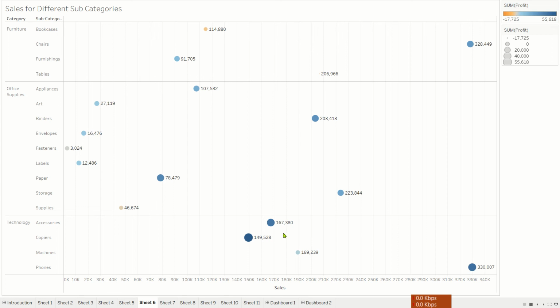Also, machines and accessories have greater profit, which implies that technology has greater profits as well as greater sales, and office supplies has some sort of greater sales, but there also exist some losses. But for furniture, the sales are greater, but there exist more losses than profits.